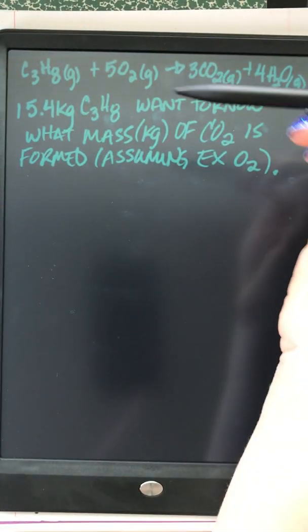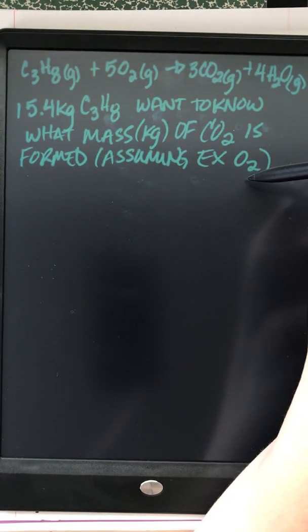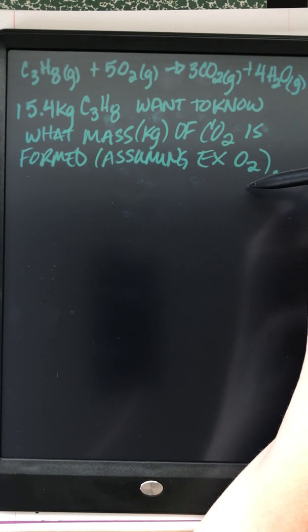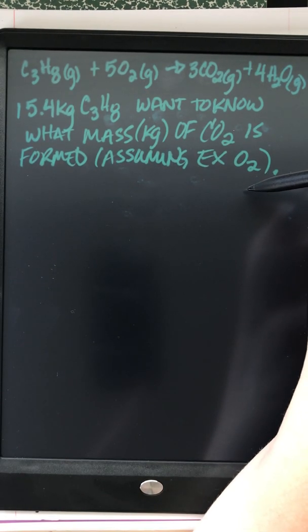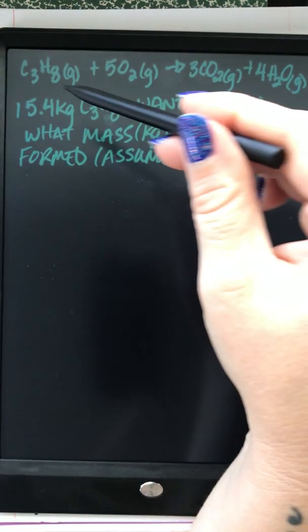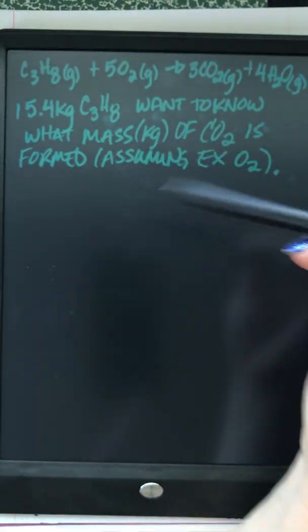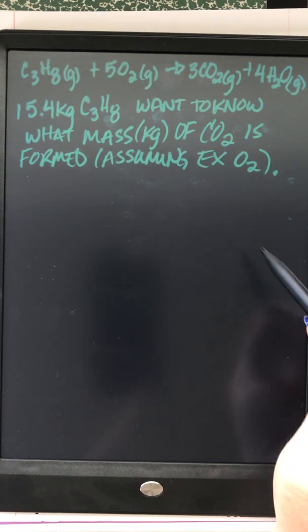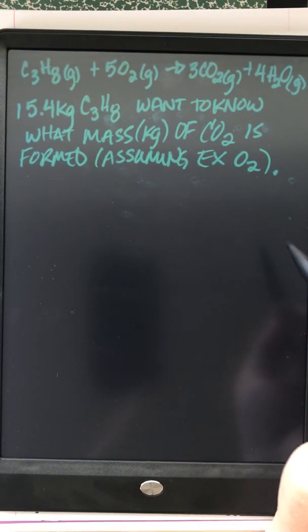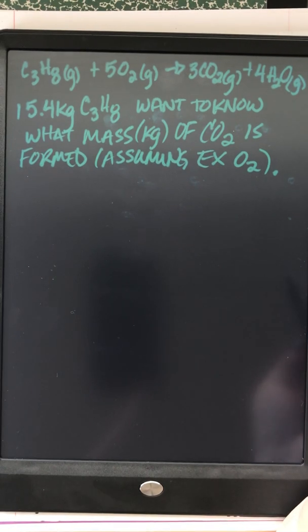Yeah, absolutely. If we know that we have excess O2, what that means is that we have more than enough to react all of this propane, right? Which kind of makes sense too, because if you're burning something outside in open air, then there's plenty of oxygen in the open air to make this reaction go. And we kind of know that intuitively.